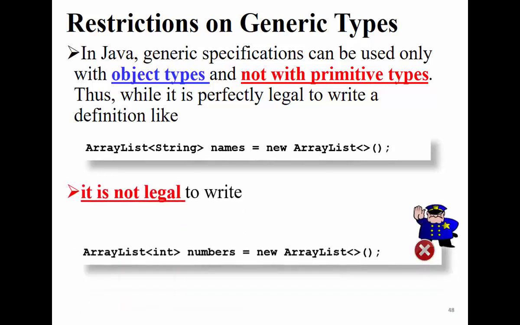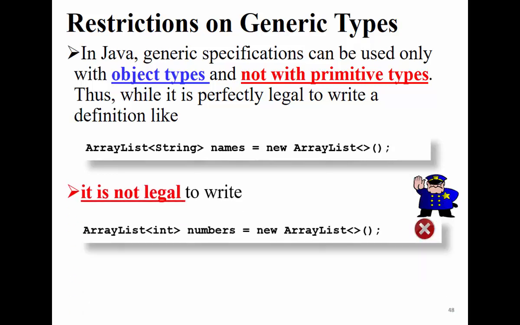We cannot define array list of int. This is illegal. Even the compiler will stop you from executing this command. If you try to define array list of int or double, that is a problem.